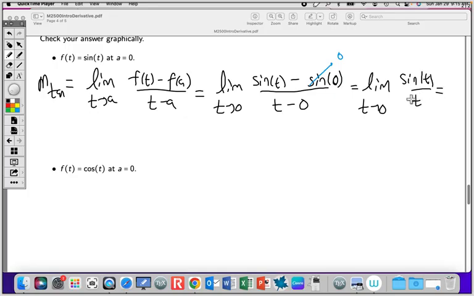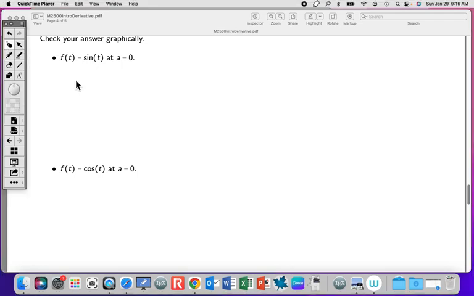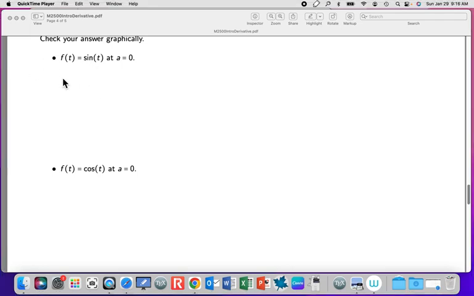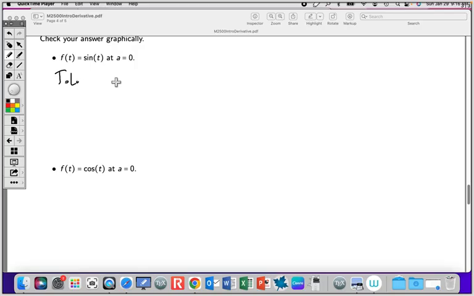And that's one of our famous indeterminate trig limits. We know that that limit is 1, thanks to the squeeze theorem. So the tangent line, y equals the slope of the tangent line times x minus a plus f of a.